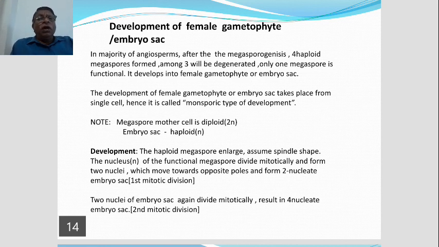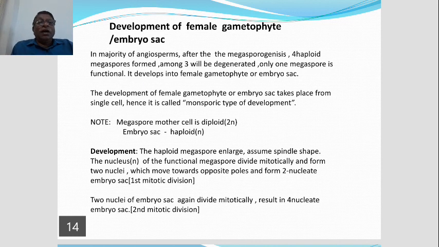In majority of angiosperms, after the megasporogenesis, 4 haploid megaspores are formed. Among them 3 will degenerate. Only 1 becomes functional megaspore. It develops into female gametophyte or embryo sac.